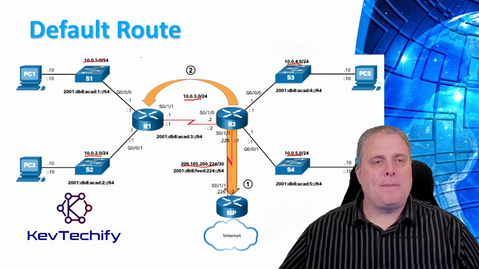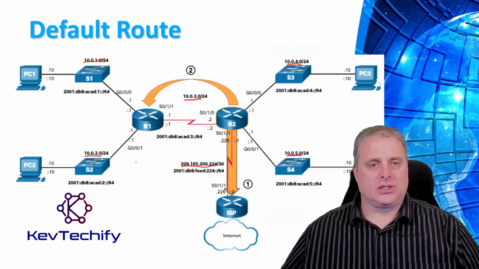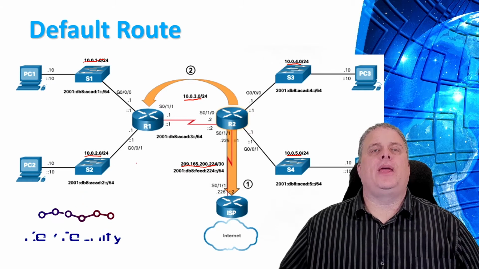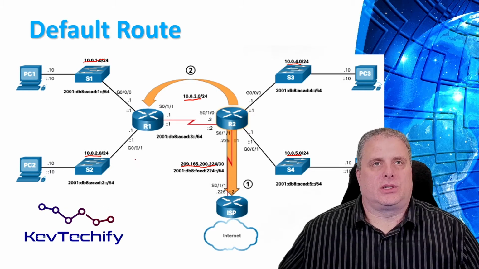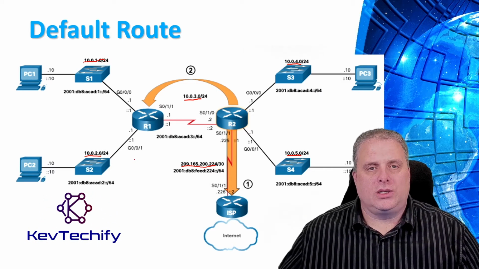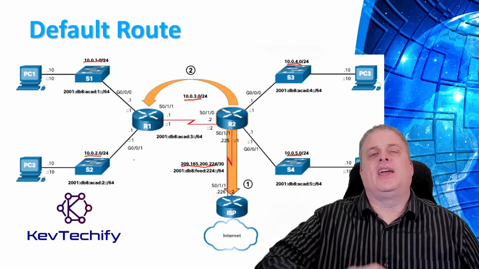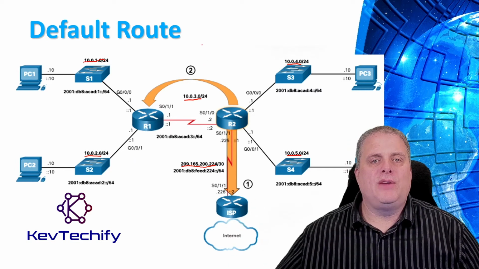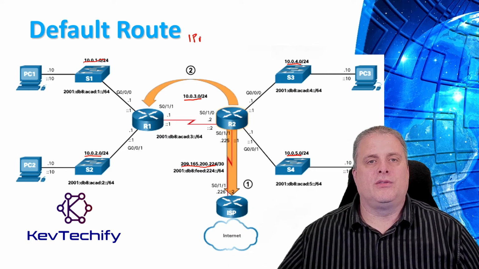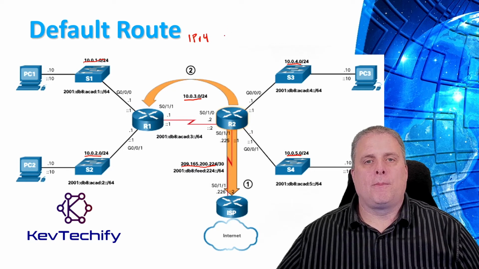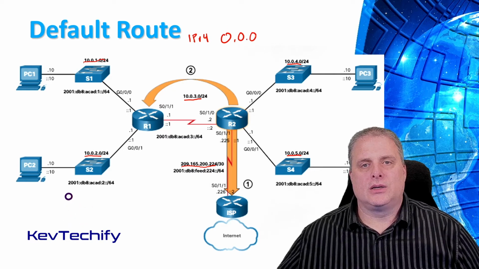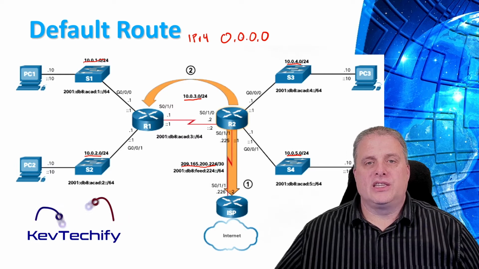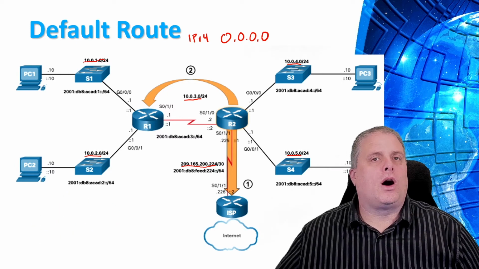If it can't match any of those networks, what we do is set up a default route. Instead of specifying a network, for IP version 4, IPv4, we set up 0.0.0.0. These 4 zeros a lot of times are called quad zeros.